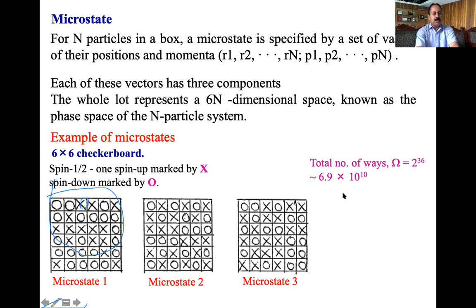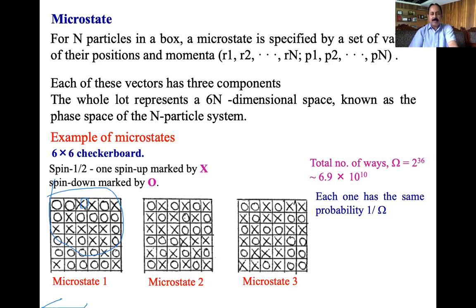So that means almost 700 crores of ways are there in which we can put the particles, or draw this many checkerboards, right? Each and every arrangement or checkerboard is known as one microstate.